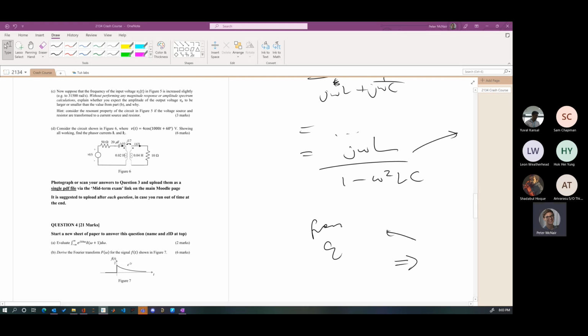So now we get asked, suppose that the frequency gets increased slightly and without performing any calculations. So they don't want you to do any spectrum stuff. Explain whether you expect the amplitude of the output voltage V0 to be larger or smaller.